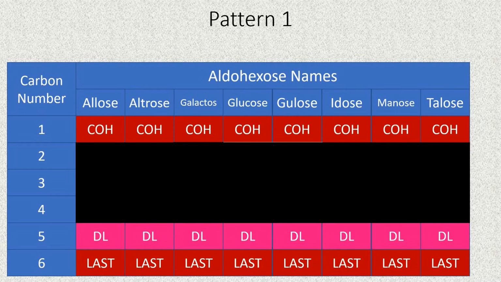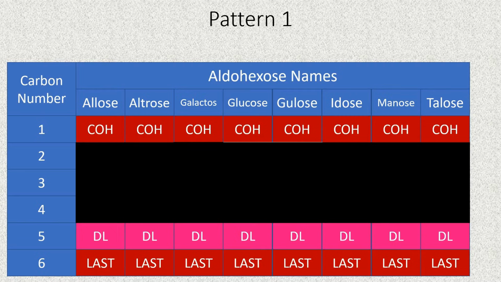Another carbon that is important with respect to making the capital D and capital L sugars, but in today's lesson I will not include carbon number 5 in my patterns, because it will not change allose to any other sugar, for example into altrose or galactose, if you change the orientation of the hydroxyl group at carbon number 5. For example, you have glucose, and the hydroxyl group on carbon number 5 is on the right side.